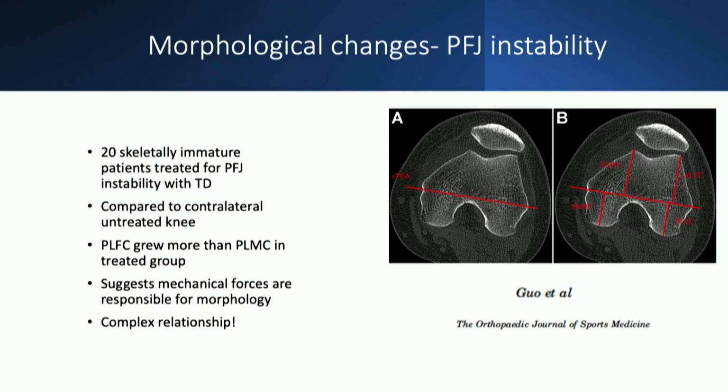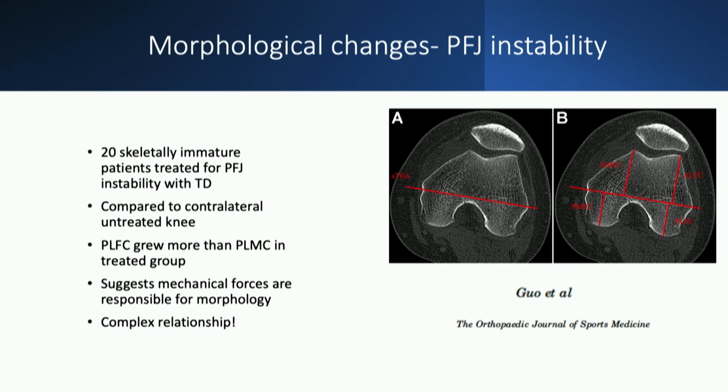Now, the other thing is that we know that the morphology of the knee will change according to the forces that are across it. I've told you that. This paper gives you a little bit of evidence of that. It's a small study, 20 skeletally immature patients with patellofemoral instability who had surgery to realign the patella, and they used CT for their follow-up.